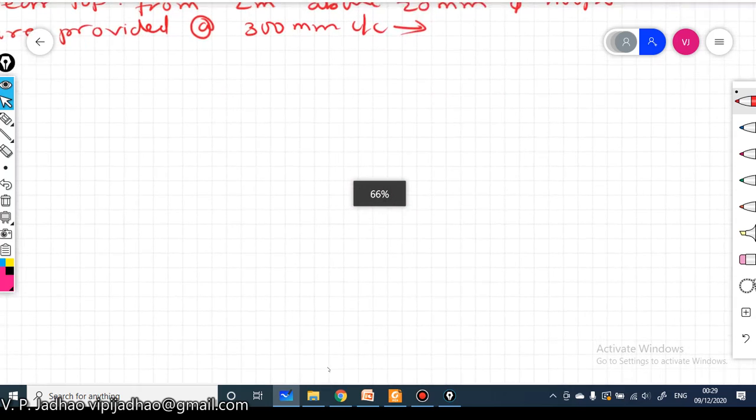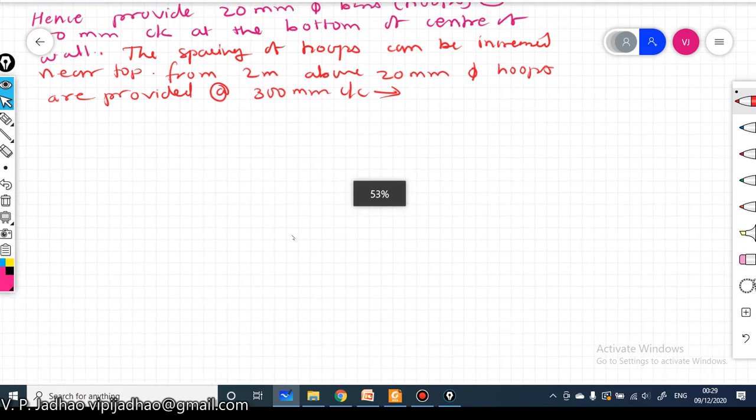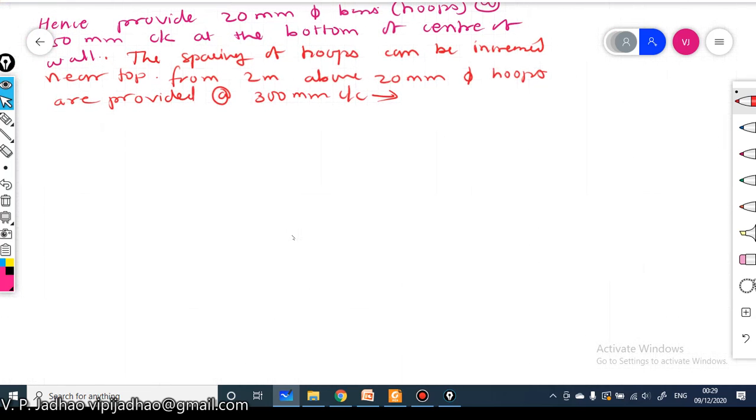So the maximum spacing allowed is 300 mm. Now the actual AST provided will be equal to 2090 mm square.